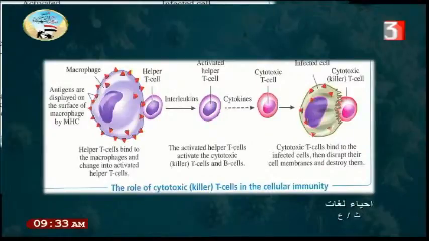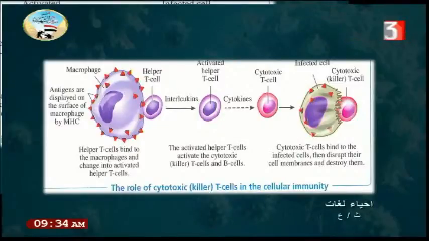MHC means the major histocompatibility protein complex. The helper T cell binds to the macrophage and changes into an activated helper T cell. This helper T cell secretes interleukin, a chemical substance that plays an important role in forming the antibodies. These antibodies kill the microbe and prevent the infection.